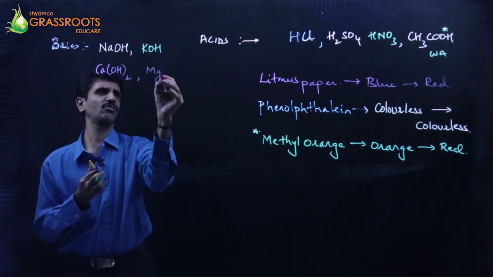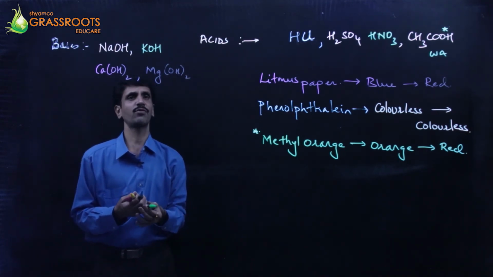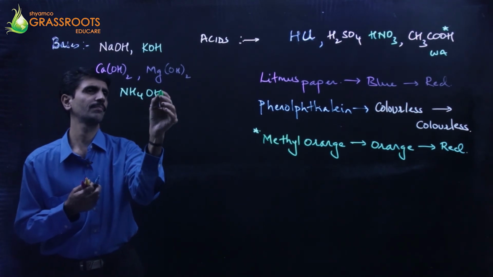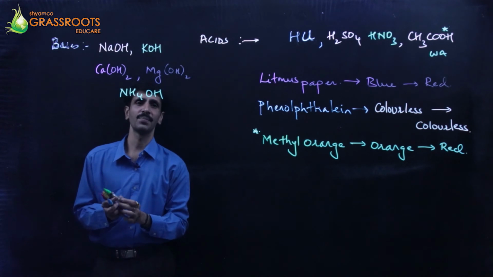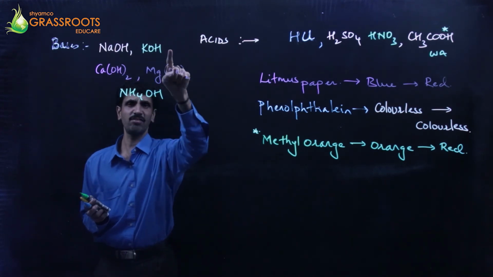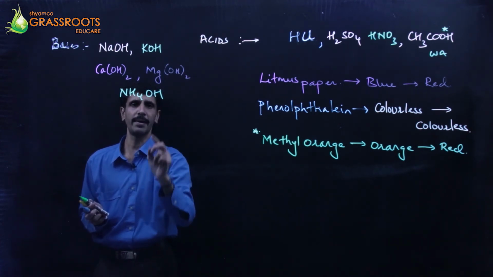Next is Mg(OH)2. Next we have NH4OH. These are all bases. I'll give you the names of these compounds: sodium hydroxide, potassium hydroxide, calcium hydroxide, magnesium hydroxide, and ammonium hydroxide.